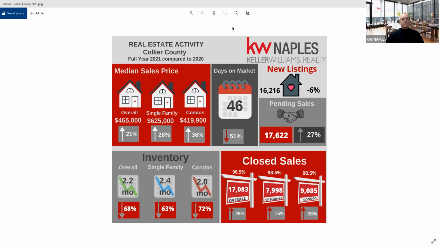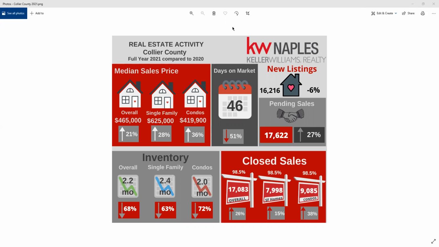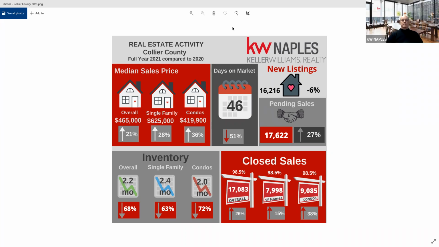Go ahead, Mark. So I'm a little confused. Why is the overall less than either the single family or the condos? Is it lots, or what is it that brings it below the 28 and the 36%? Well, the way the data works is you're able to take the median price of all sales versus the median price of just single family homes and just condos.